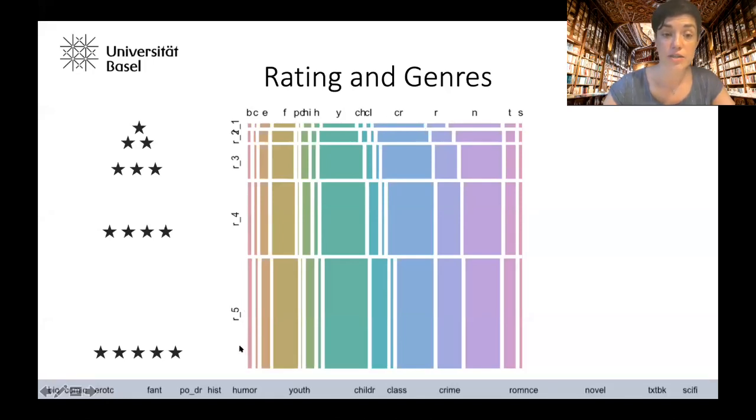On the vertical axis, you have the star ratings starting at the bottom with 5 stars and then going all the way up to 1 star. And you get an impression of how the reviews are distributed across the ratings and across the genres.